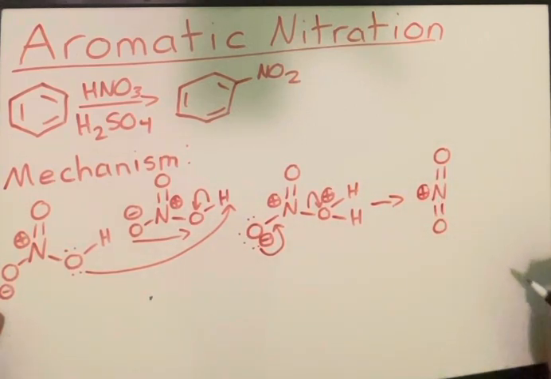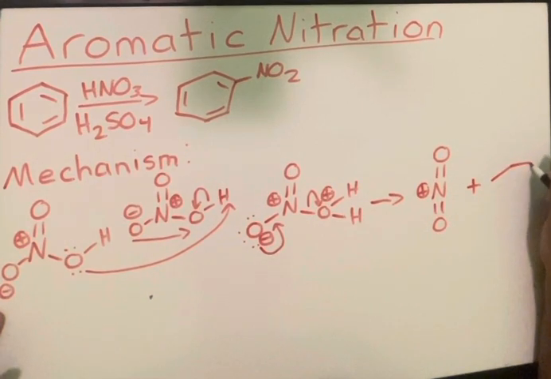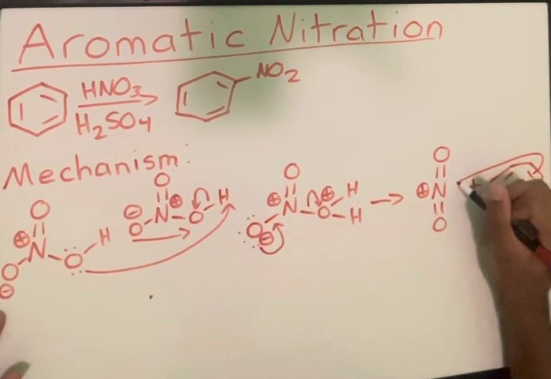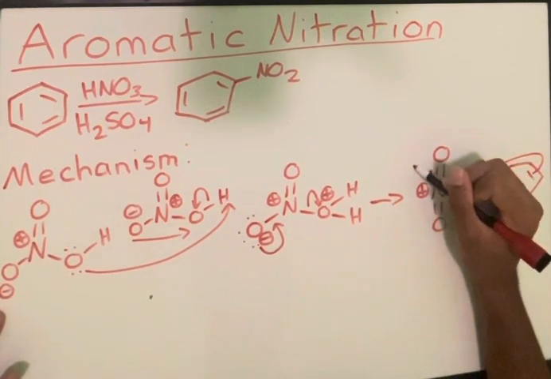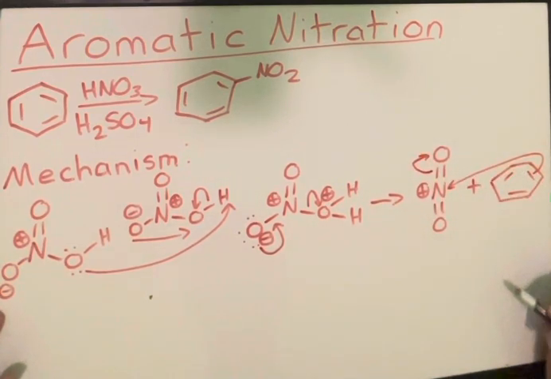So now we are going to bring in our benzene ring right here, and one of those double bonds is going to attack our nitrogen there. Therefore, one of the double bonds on the oxygen is going to move back onto the oxygen itself, because nitrogen at most can only form 4 bonds.